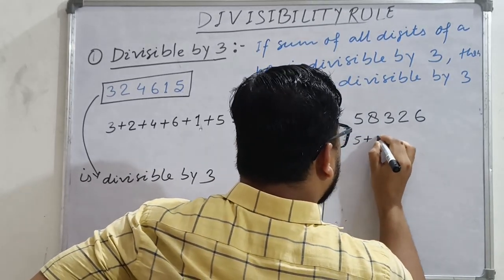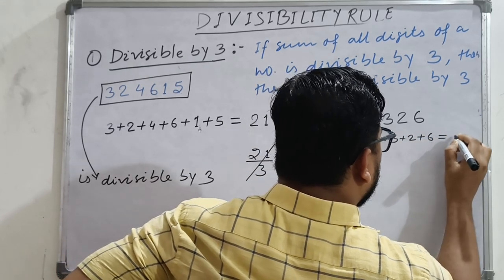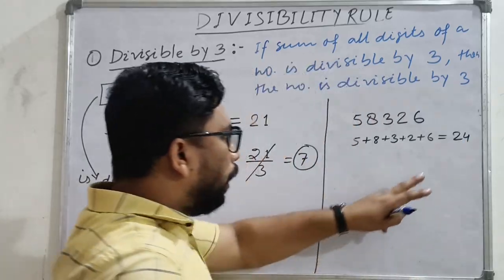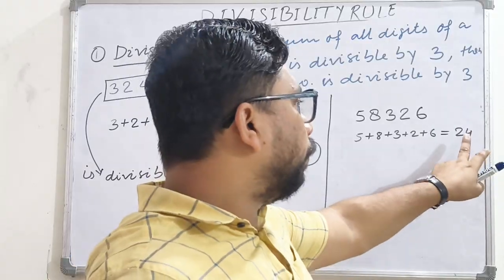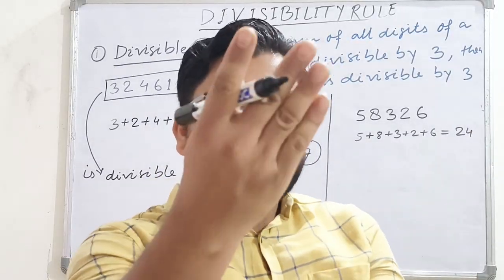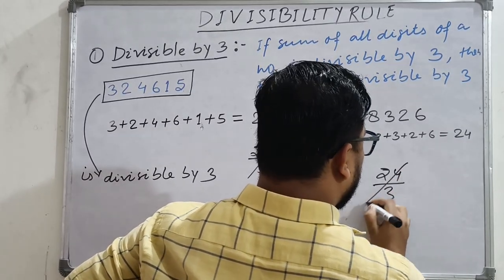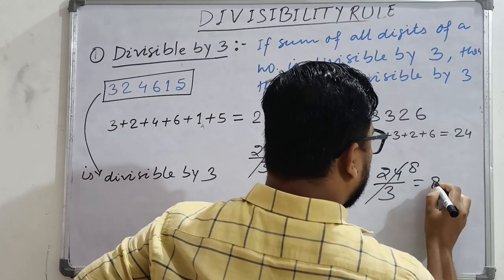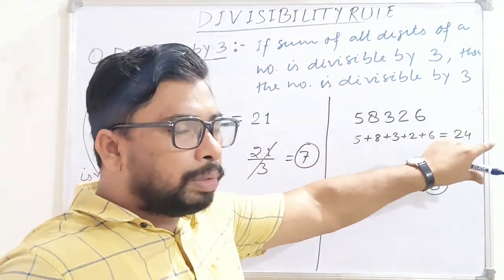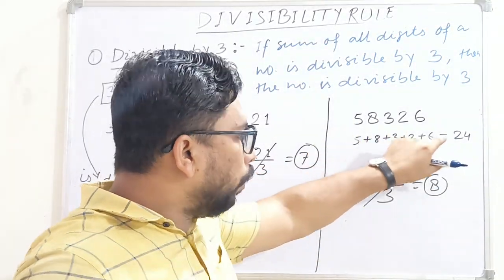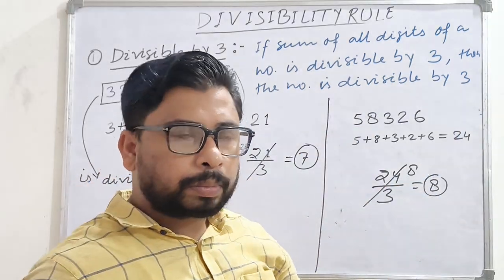It means 5 plus 8 plus 3 plus 2 plus 6 gives you 24. Is 24 divisible by 3? Your answer is yes, sir. 24 is divisible by 3. 3 eights are 24. It means if the sum of all digits is divisible by 3, then the number is divisible by 3.